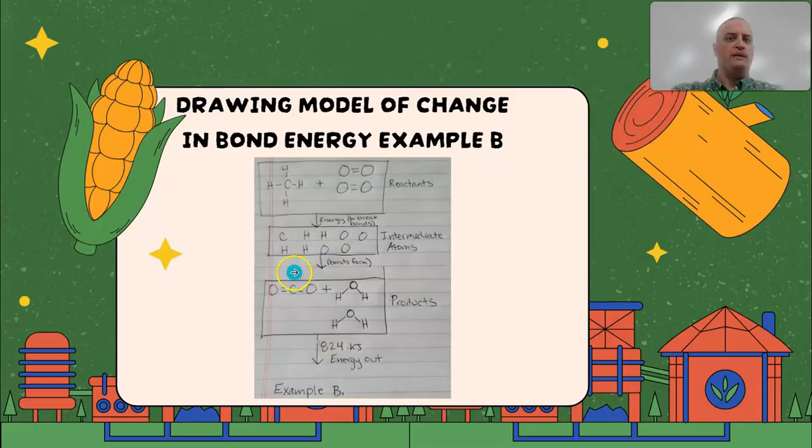Overall, because of this bond breaking and bond forming, the overall energy difference is that energy leaves the system. So it's lost to the surroundings. You always have energy to break the bonds and energy to form the bonds being released. If we add those together, as you'll see in a future model, this is where we get the idea of energy leaving the system.